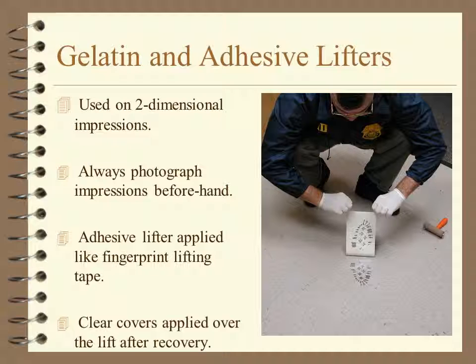They're utilized in much the same manner as you would fingerprint lifting tape, in that you would tack the lifter down and then roll it across the impression. The roller that you see in the photograph is used to make sure that the lifter is flat against the impression. And then finally, once it's removed and the impression is lifted, you would then place a clear plastic cover over it to prevent further damage.